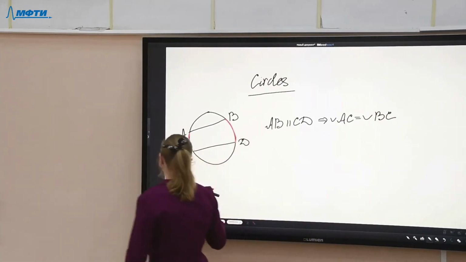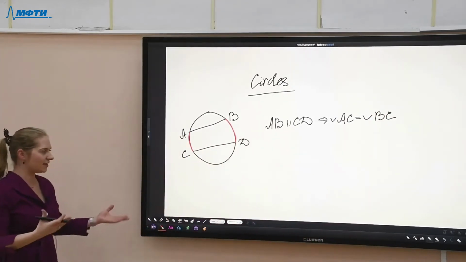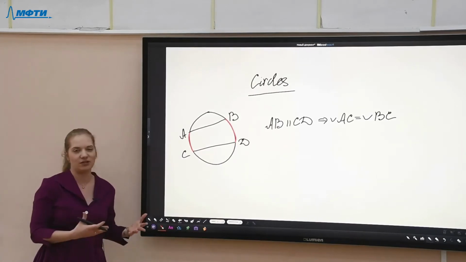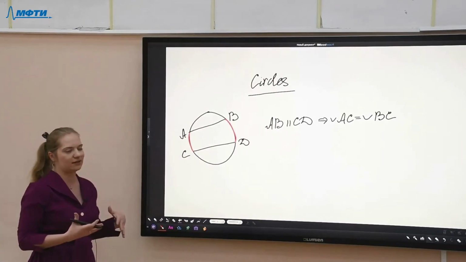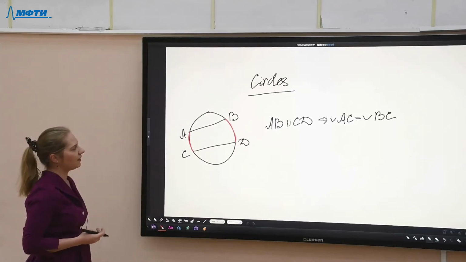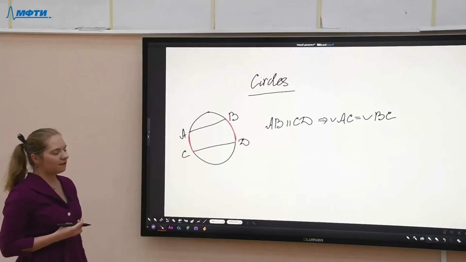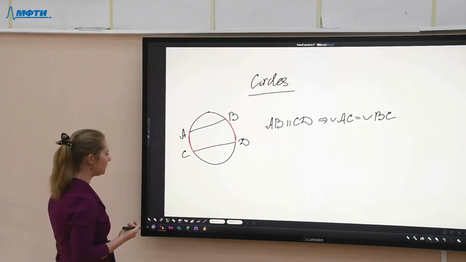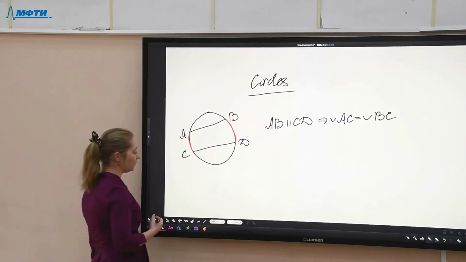Well, if we have two equal arcs, we can say that we have two congruent central angles or inner angles. That's it. Well, and some facts about lengths of different line segments in circles and outside circles.